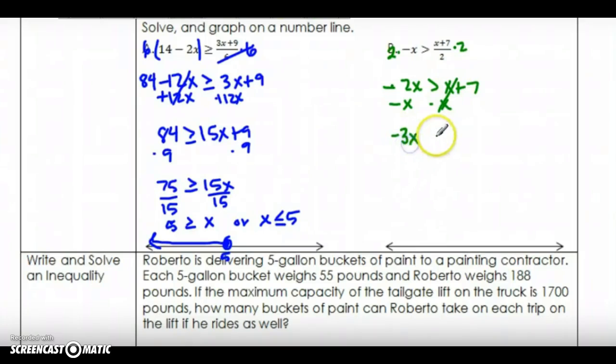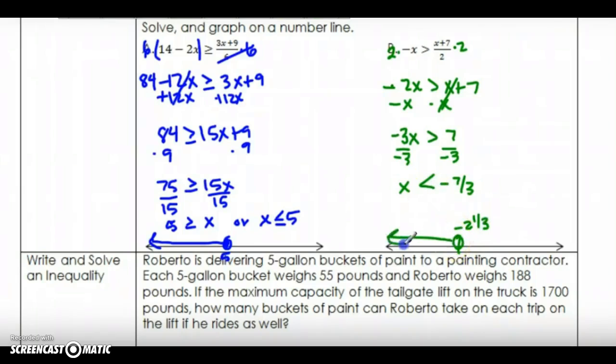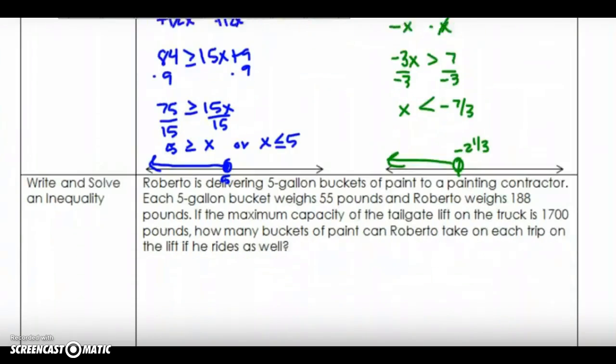So it's okay if you don't always move the smaller variable. Okay, look, I'm dividing by a negative. Did you remember to switch your sign when you divide by that negative? So now we are at negative 2 1/3 with an open circle going to the left, or less than.